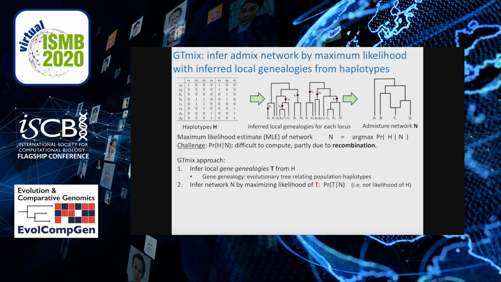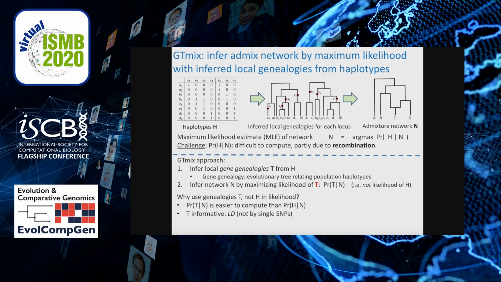Here, the gene genealogy refers to the evolutionary history relating the population haplotypes. Then, with these inferred local gene genealogies, GTMX finds the network that maximizes the likelihood of these gene genealogies rather than the likelihood of the haplotypes. The main reason is that the likelihood of the genealogies turns out to be easier to compute than the likelihood of the haplotypes, and also that gene genealogies remain informative for admixture.